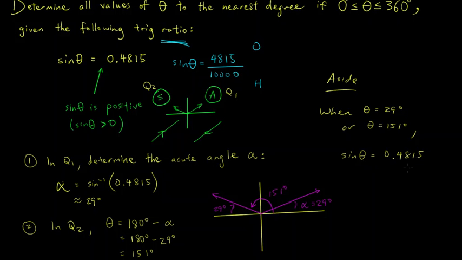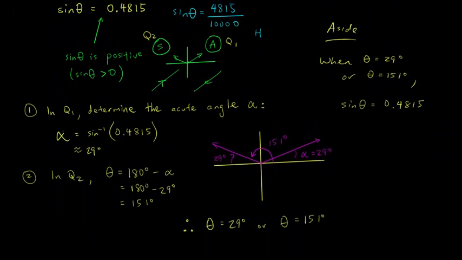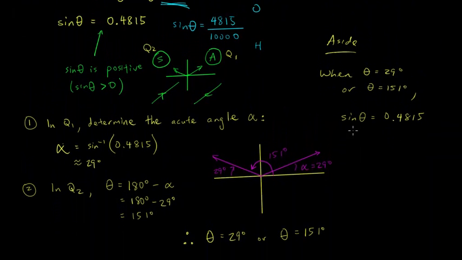It's going to make this equation true, positive 0.4815. So your solution is right here. 29 degrees and 151 degrees will make this trig equation, this trig ratio, true.